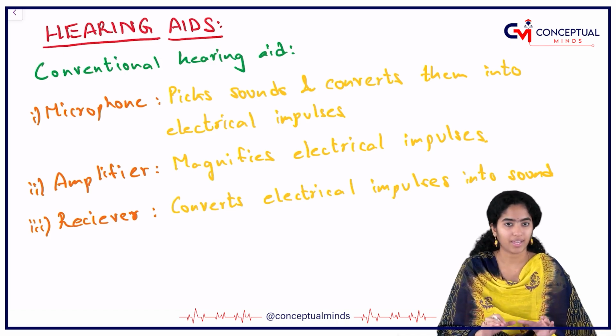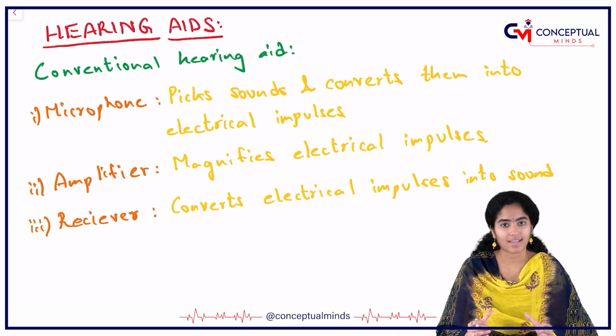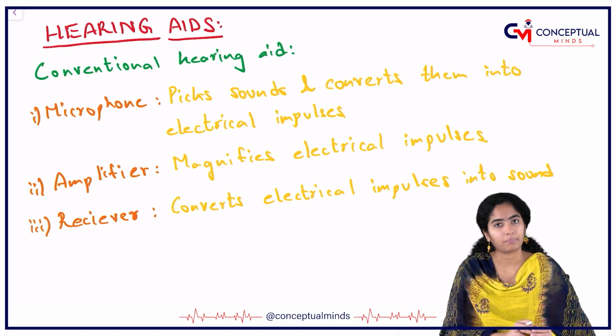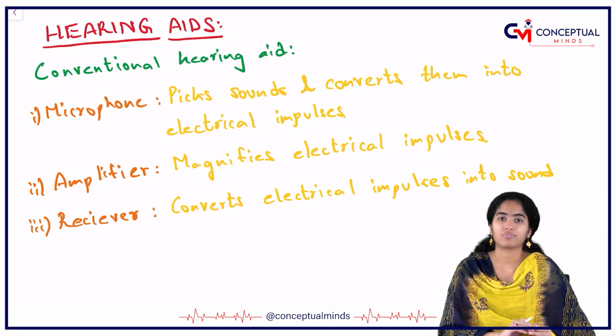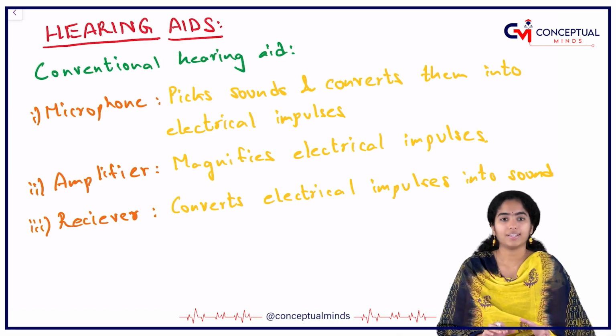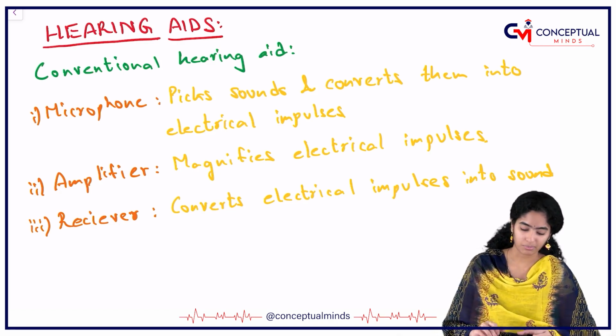Okay, so please be careful about that aspect. Now this sound, amplified sound, is then carried through the external ear into the tympanic membrane. The sound is amplified so the patient can hear better. After learning this, let us now look into the various types of hearing aids that are available.